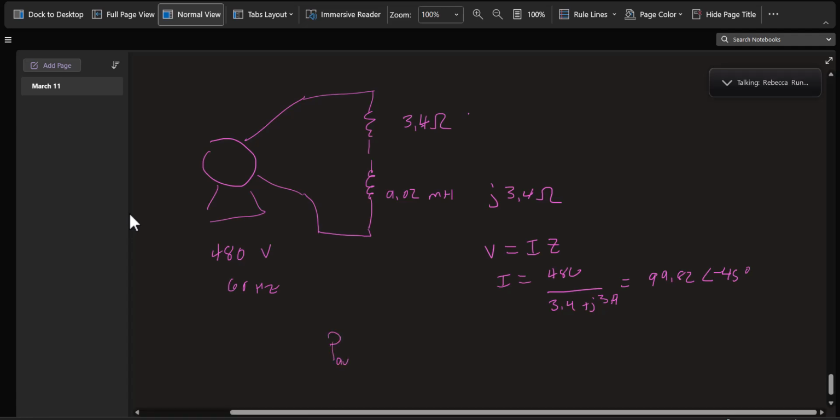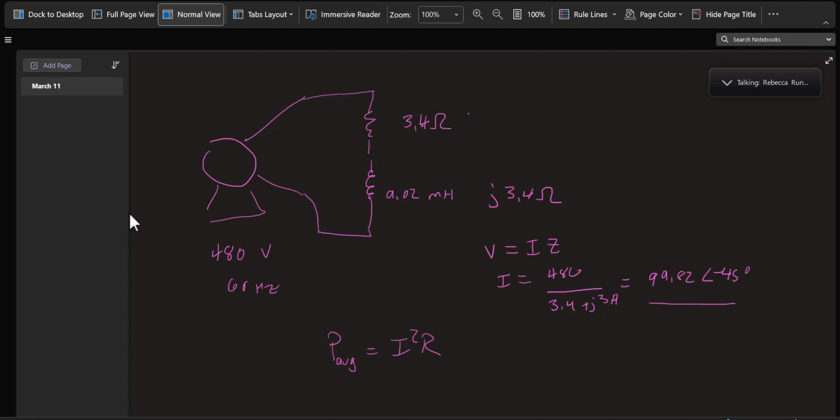So our real average power is I squared R. This is an instance where, you asked how do I know which formula to use? I'm looking for average power. I've solved for the current. I have its magnitude right here. I've got the resistance right here, so I'm just going to use this one. I'm not going to go all the way and find the complex power and then get the real part out of it.